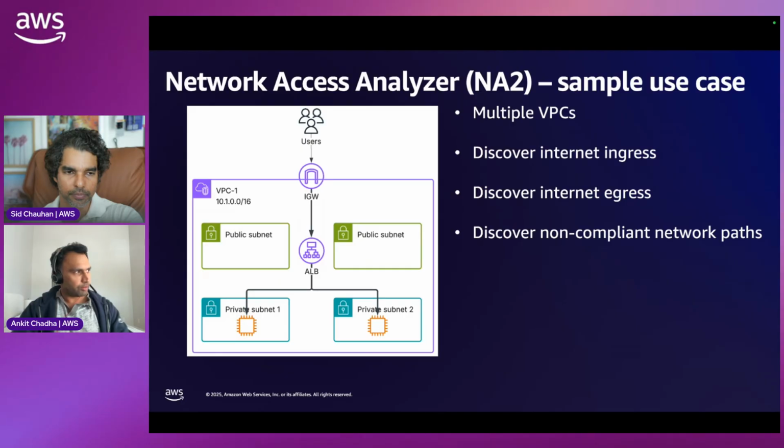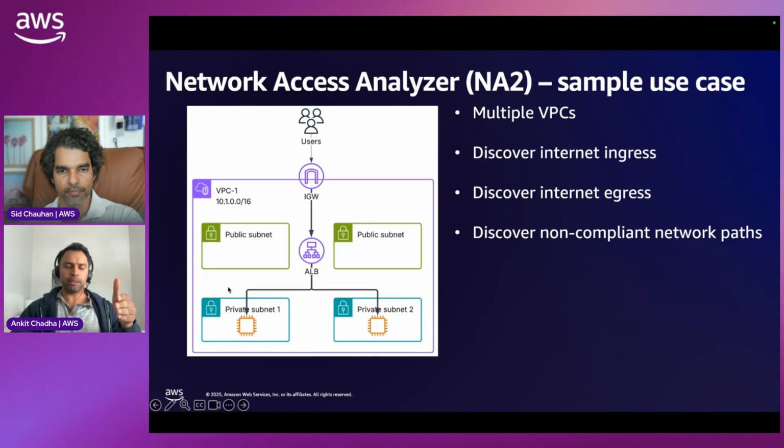Yeah. So a very powerful way of using NA2 specifically, this tool, is in continuous compliance check related use cases. So the frequency could be every day, could be every week, could be twice a day. And then you could use it to discover that, okay, I have a specific intent.